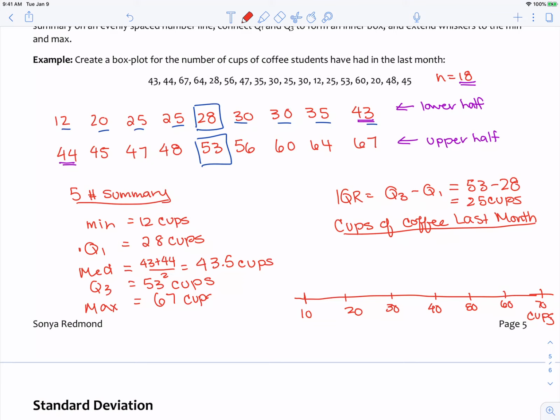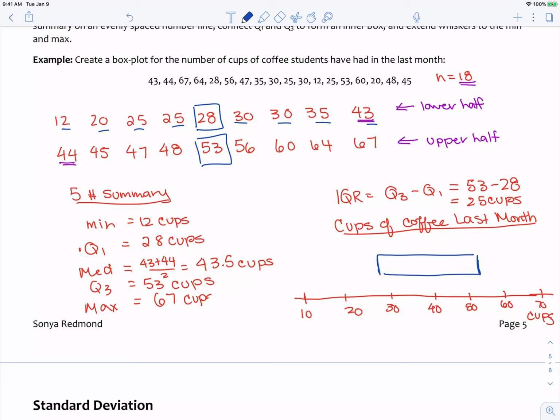So the next step is to make the box. So I usually do vertical lines to indicate the Q1, Q3, make a box, add the median. So 28 is Q1. So there's Q1. Q3 is 53. So somewhere in there, there's my box.